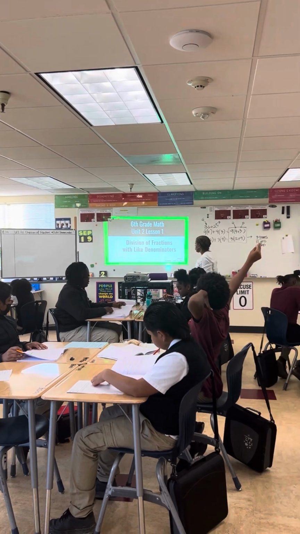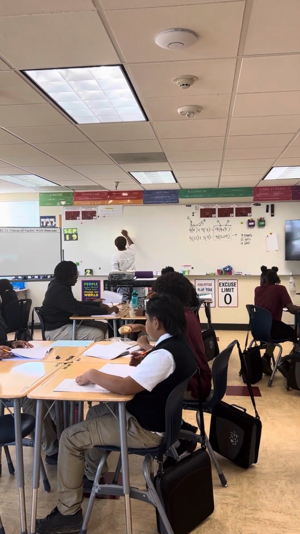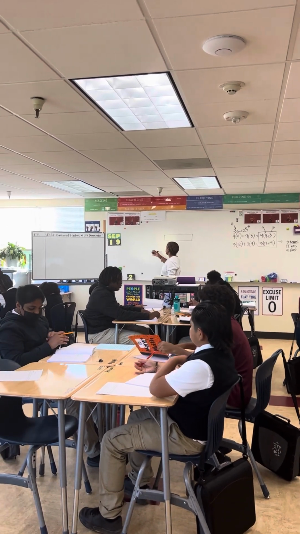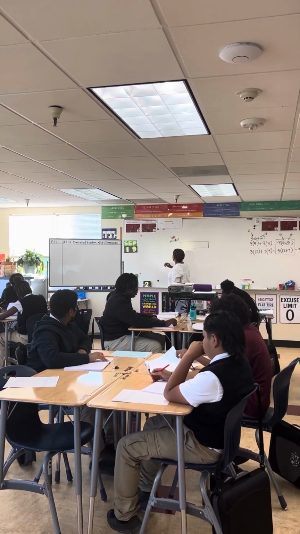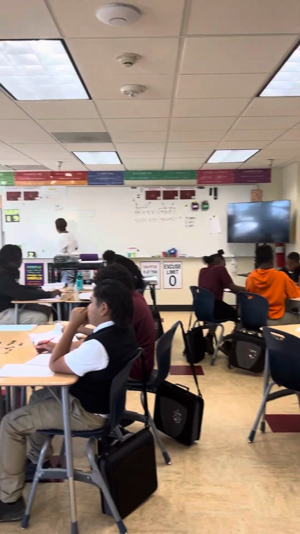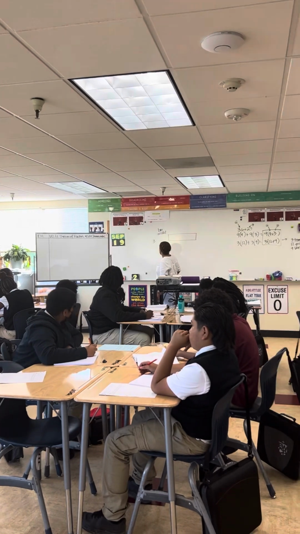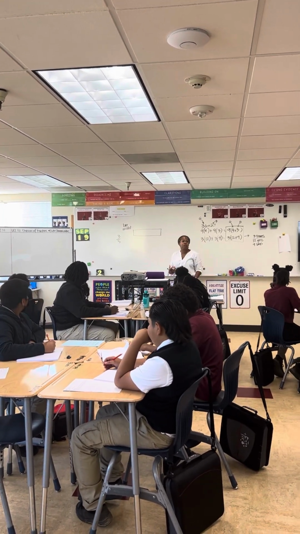Okay. There's also a way to model, and I just want to refresh something. If I need to model, it's called a bar model. Say I need to model 3/5.